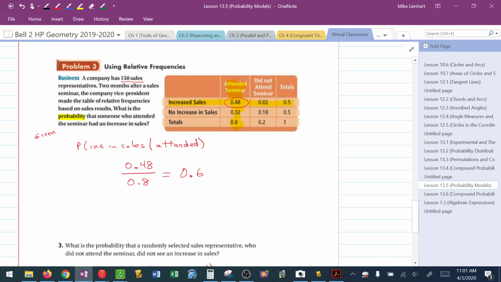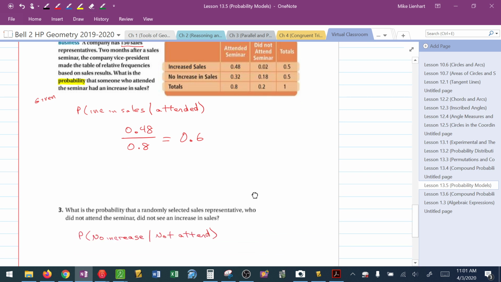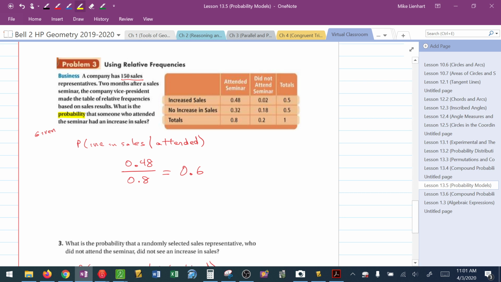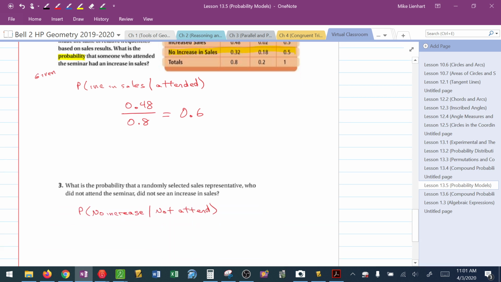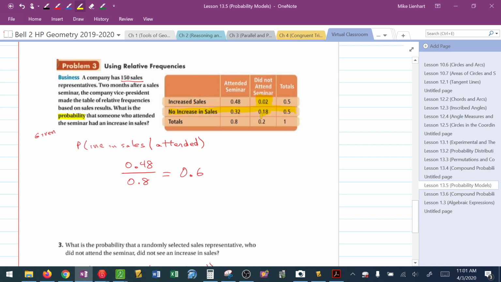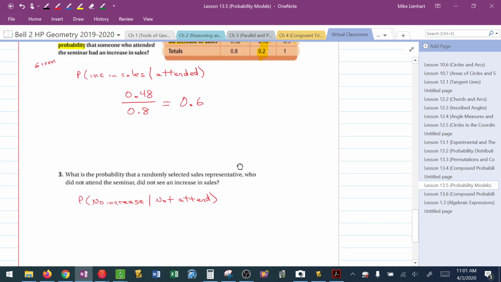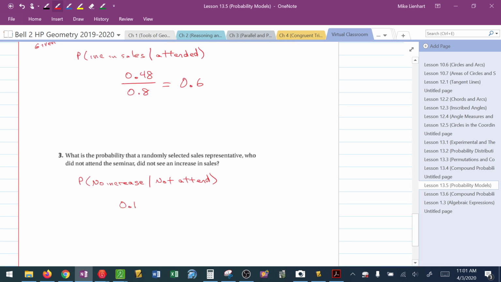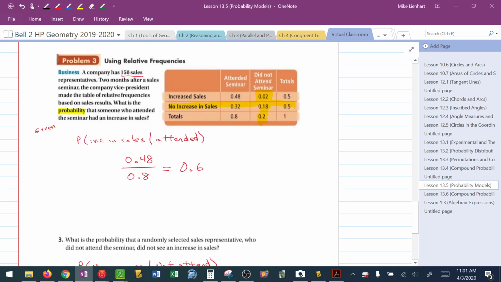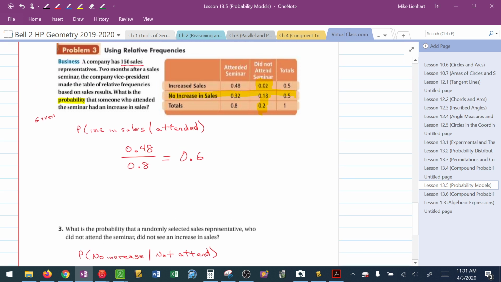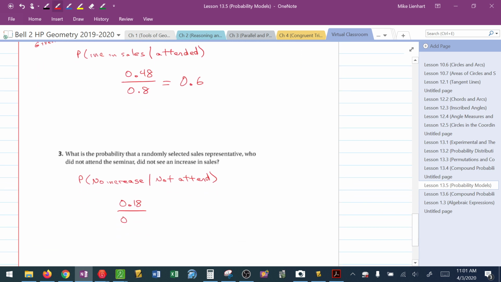Let's come back up here to our table. All right, let me make sure I got this, no increase, did not attend. All right, so that's going to tell me success would be 0.18 and total that did not attend would be 0.2. And 0.18 divided by 0.2, well, that would give me 0.9 or 90%.